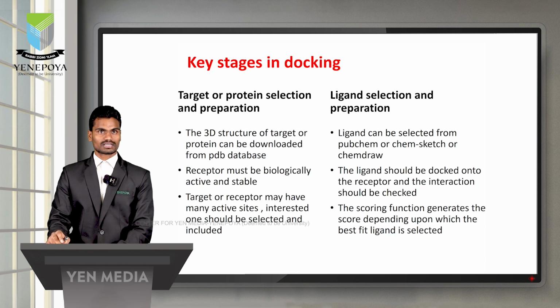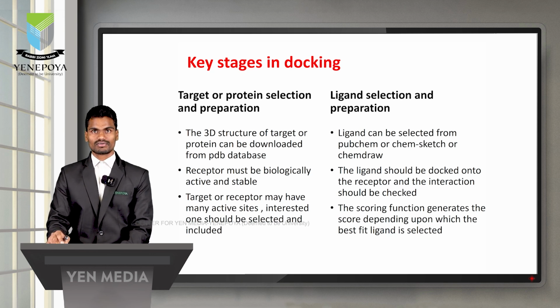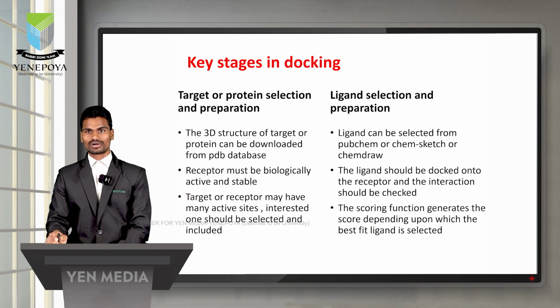In target selection and preparation, target or receptor may have many active sites. Interested one should be selected and included. Whereas in ligand selection and preparation, the scoring function generates the score depending upon which the best fit ligand is selected.